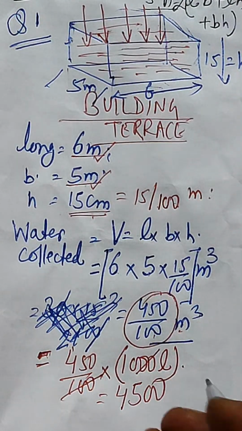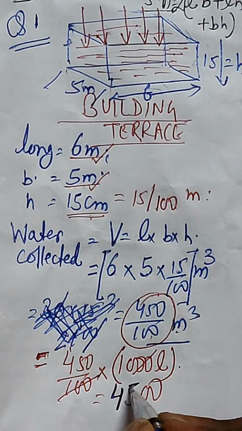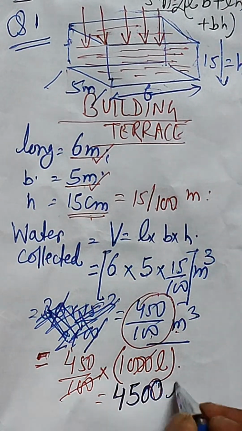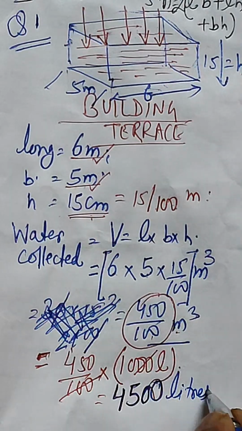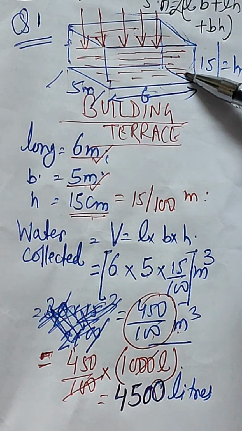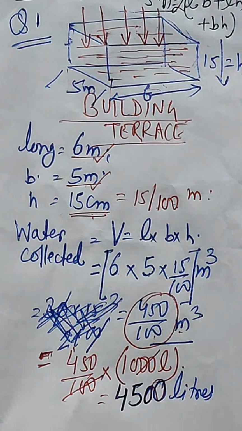Okay, so this is the first question which we have solved. 4500 liters of water is accumulated into this terrace, right? So in this way we have solved this question, right?